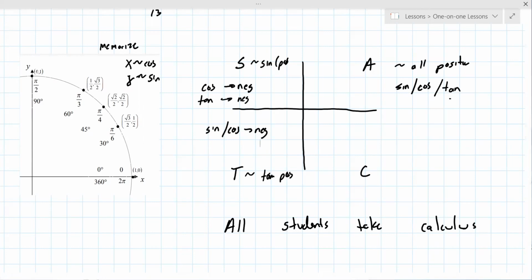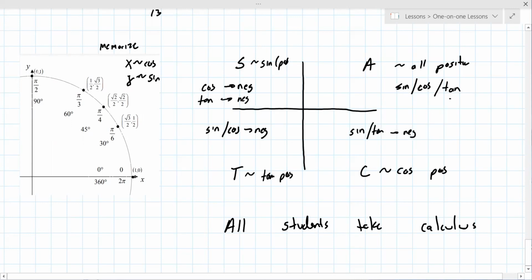If you're looking at that unit circle again, you'll see that both ordered pairs in that third quadrant down here are both negative. We're going to get to answering some of those questions, but this is what's needed to understand that. C refers to cosine being positive, and since cosine is positive, sine and tangent are negative.